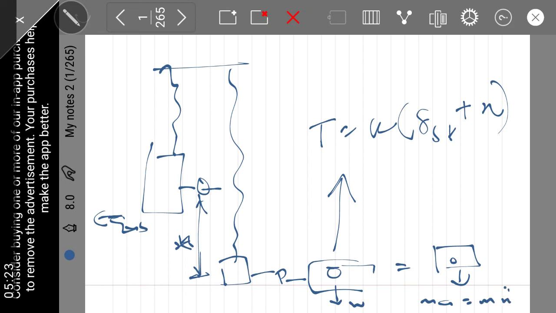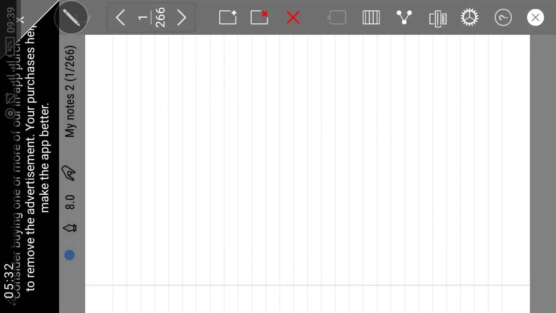The acceleration. Okay. So we can write that F is equal to W minus K times static extension plus x.